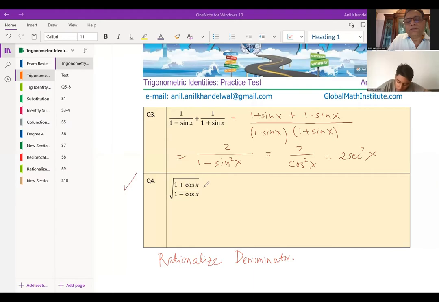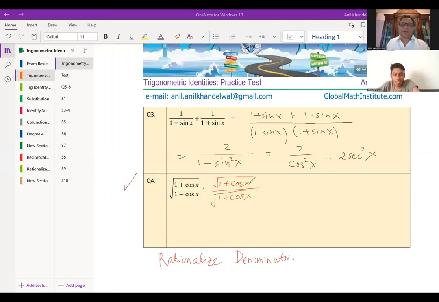So we'll multiply and divide by the square root of 1 plus cos x. Multiplying and dividing by the same term means multiplying by 1. It doesn't really make a difference, correct?